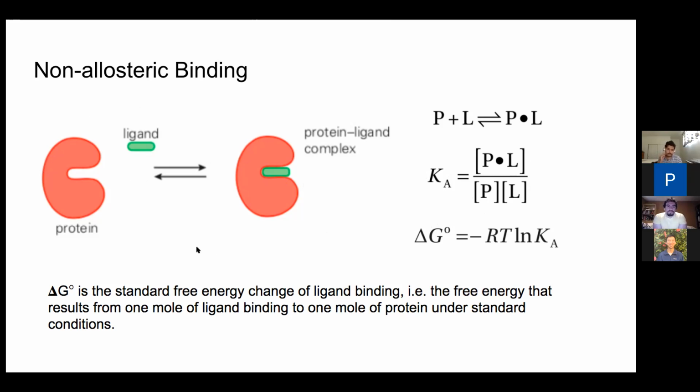It's the standard free energy change of ligand binding when 1 mole of ligand binds 1 mole of protein under standard conditions, being that the protein and the ligand are at 1 molar concentration. So if your delta G is very low, that means the formation of this protein-ligand complex is favorable, which means your protein has a high affinity for your ligand and wants to bind ligand. You can think of it that way.